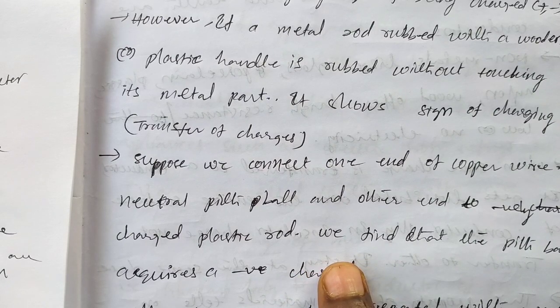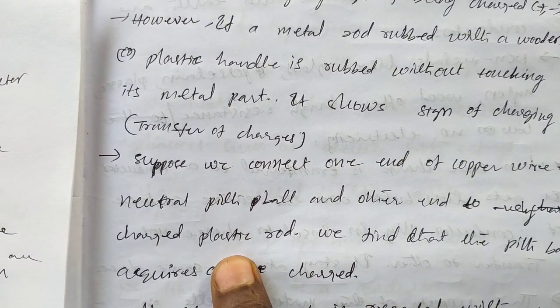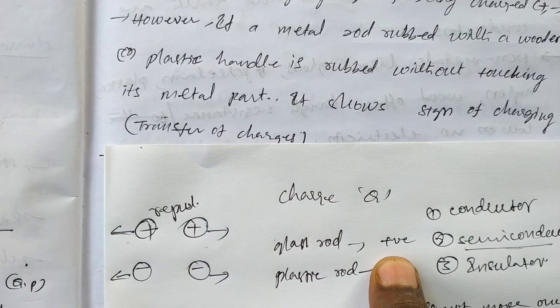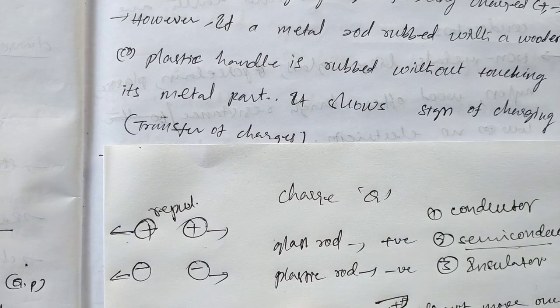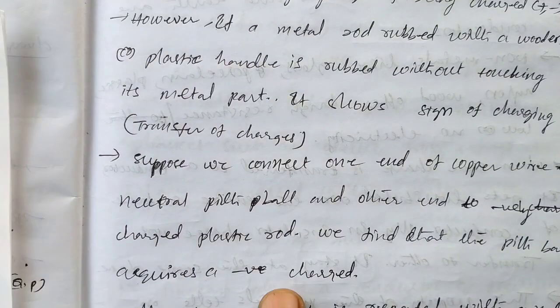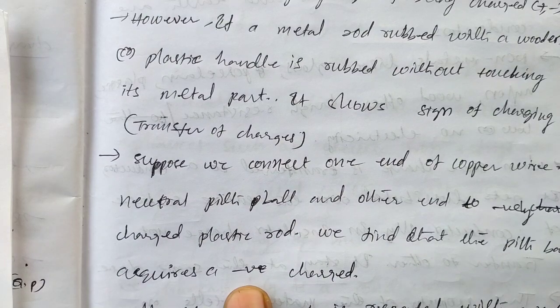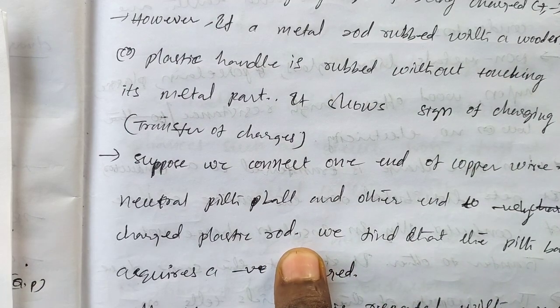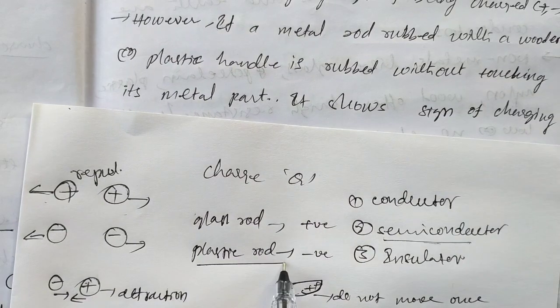Rubbing means some materials can be charged or discharged. A glass rod rubbed with silk or wool gains a positive charge. The plastic rod gets a negative charge. By the same phenomenon, the negative charge can be transmitted to the pith balls.